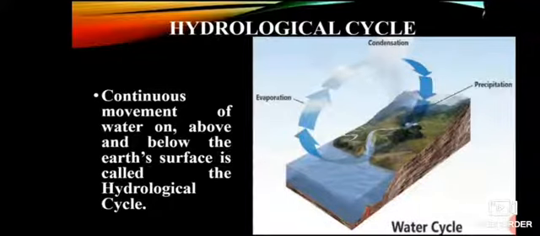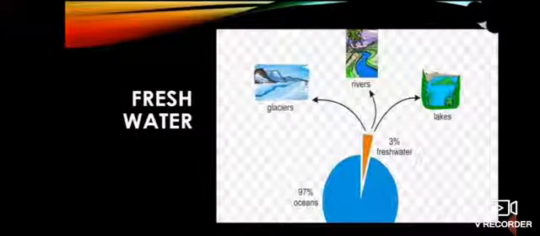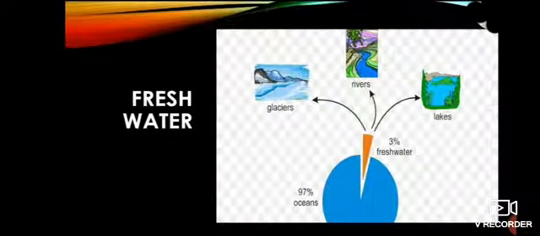The water resources of the earth can be broadly divided into fresh water and salt water. Fresh water is nothing but river, lake, and rainwater. Rainwater is considered to be the purest form of water, as it contains very little salt when compared to the ocean and seas.